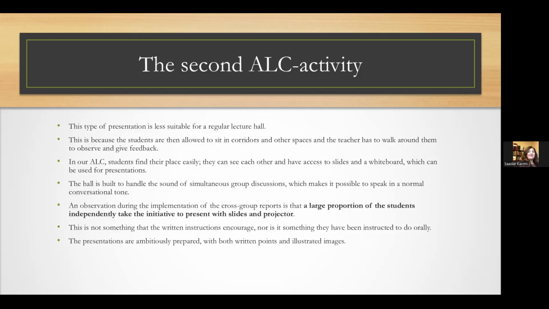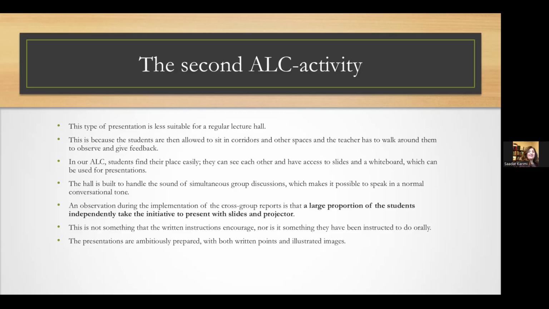This type of presentation is less suitable for a regular lecture hall. This is because the students are then allowed to sit in corridors and other spaces, and the teacher has to walk around to observe and give feedback. In our ALC's classroom, students find their place easily.